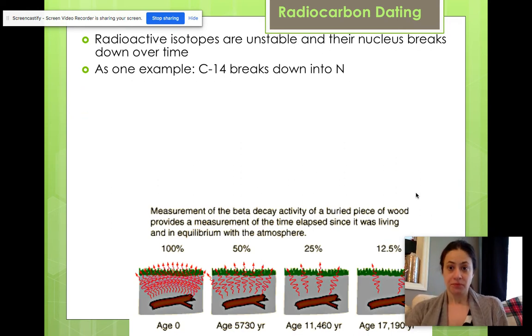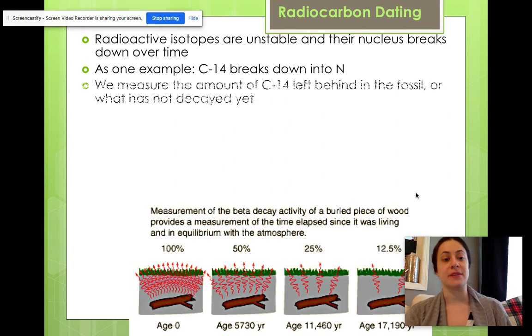Now, carbon-14 breaks down into nitrogen. So we actually do have radioactive carbon-14 in us, and it does break down. And as we eat and consume food, we actually take in more carbon-14.